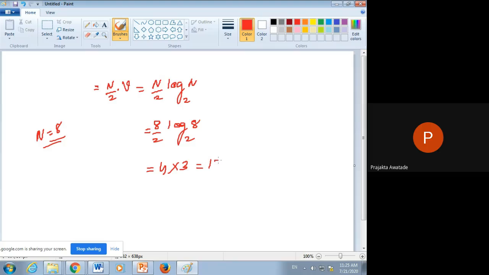So which will be equal to 12. So for 8-point DFT calculation, you require the number of butterflies are 12. Getting my point? This is for n equals to 8.